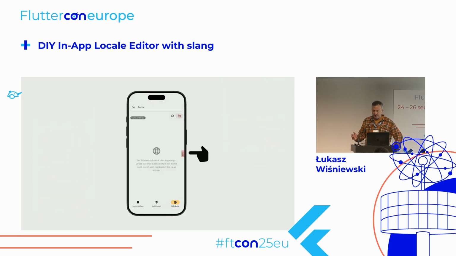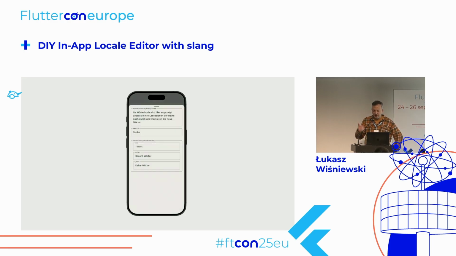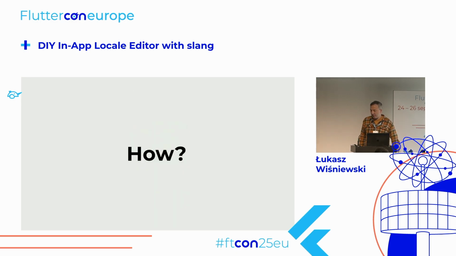So I decided to have a side project inside my side project. I decided to put a little button in my app that when you press it, you can edit the strings and have them applied right away. We don't have much time, so I'll try to push through.